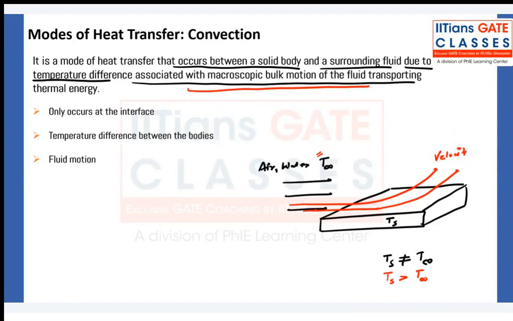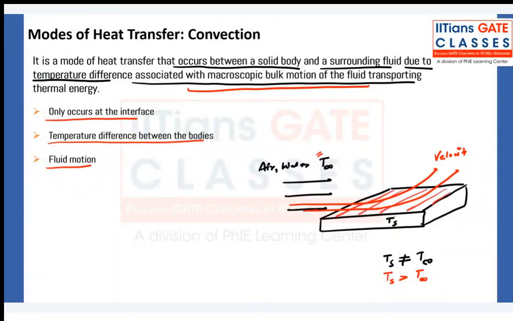There are three conditions that must be satisfied so that you can say convection is happening. First, it only occurs at the interface, at the surface. It will not go inside the solid.